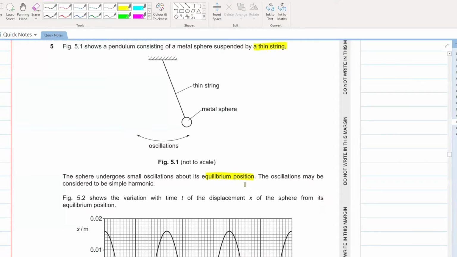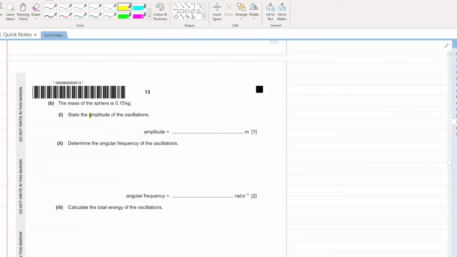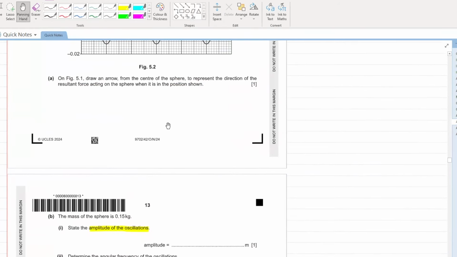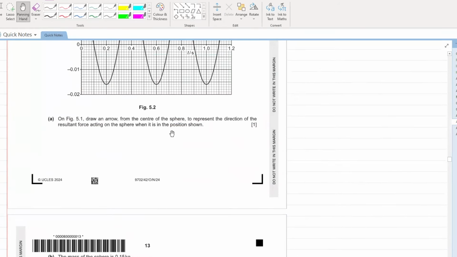Let's further move ahead. State the amplitude of the oscillation. Again, some notes that I have told you in the class will come in handy here. You have to state the amplitude of the oscillation. So what can you do here?